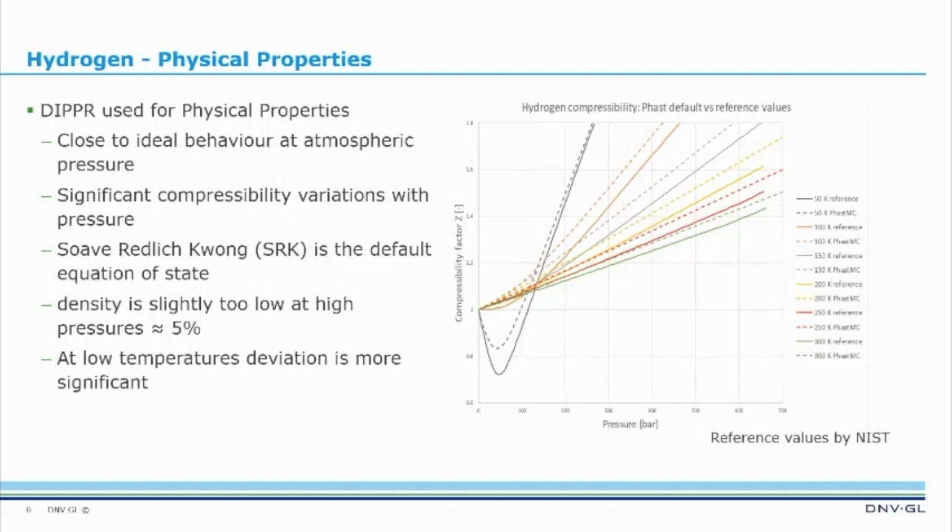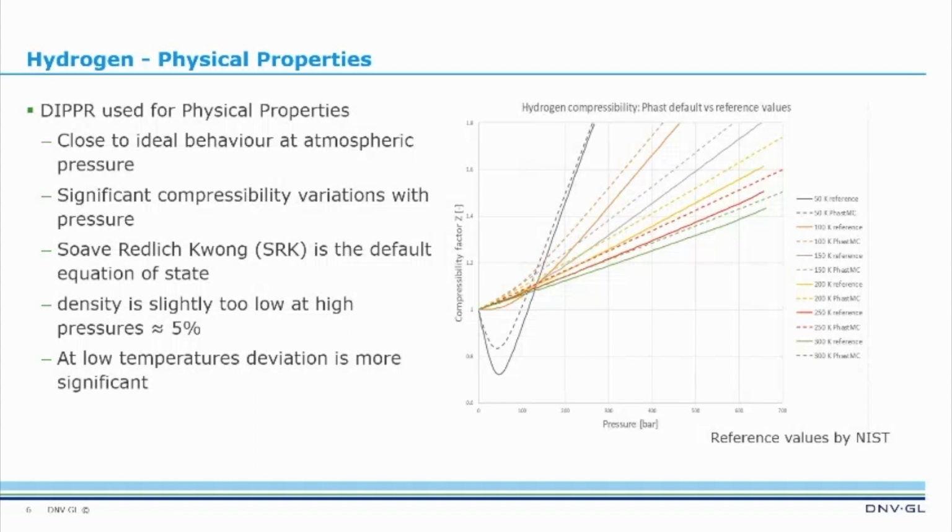And this compressibility chart here compares reference values by the American NIST group with our predictions using the Soave-Redlich-Kwong equation of state. And we can see that the trends are quite well represented with higher compressibility factors at higher pressures and lower temperatures. So the trends are very good.